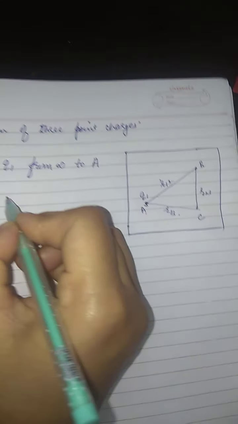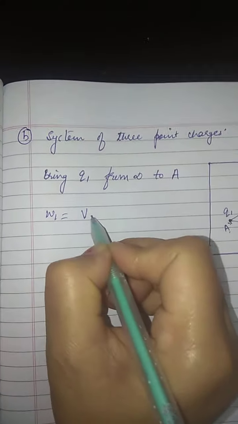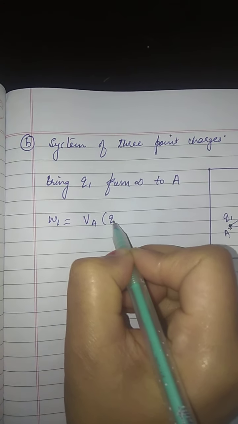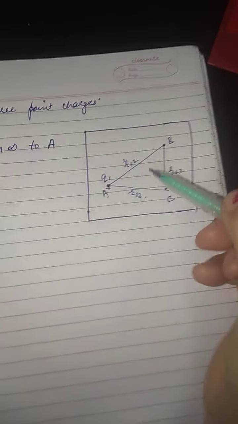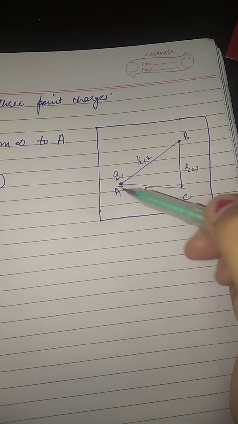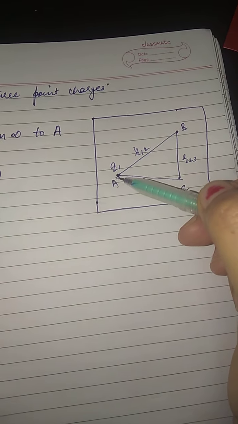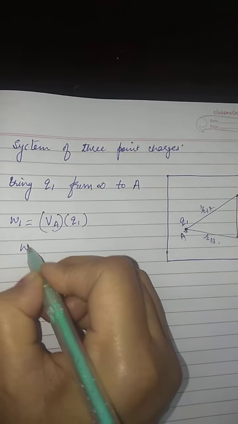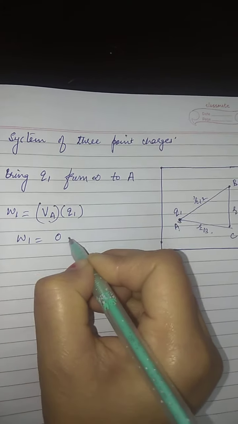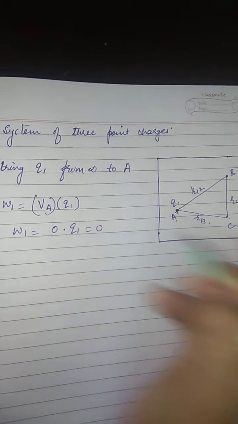Work done would be the potential at point A times the charge we are bringing. So potential at point A when no charge is there in the system: initially no charge is there, so potential at point A would be 0. So first work done would be 0 into Q1, that is 0.